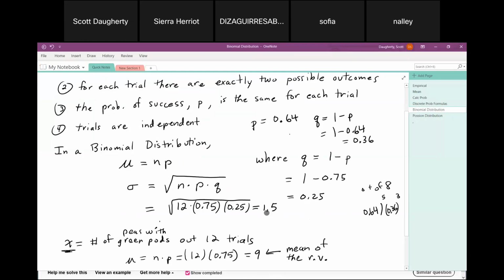This tells us that, okay, there's some variation from 9. It's not always 9. Sometimes it's 8. Sometimes it's 10. It averages to 9, but there's some variation in the fact that it's not always 9, right? It tells us how much it varies from 9. It varies from 9 a little bit. Okay. All right. Going back to the problem.